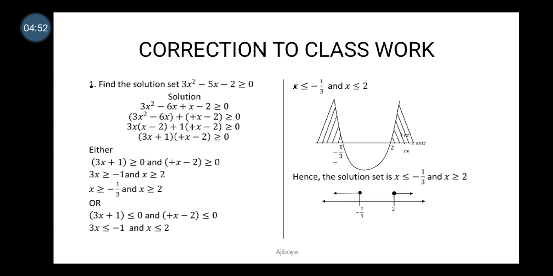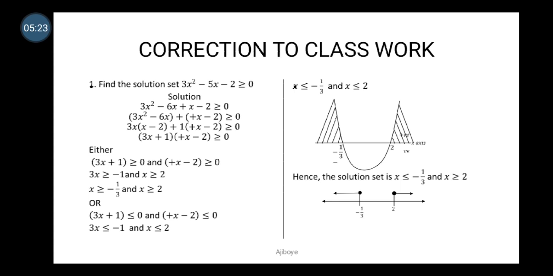Now, the quadratic inequality wants us to find the values where the quadratic expression is greater than 0. That is where it is positive. And as we have stated in our notes, above the x-axis are positive. So you can see this shaded region. Those are the regions where the graph is positive, and those are before minus 1 over 3 and after 2.